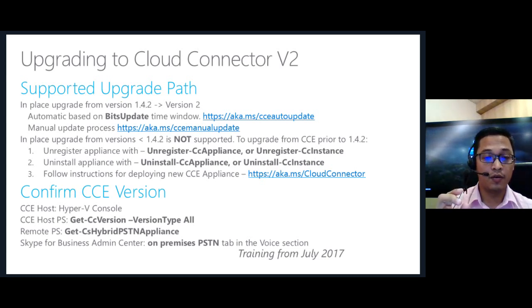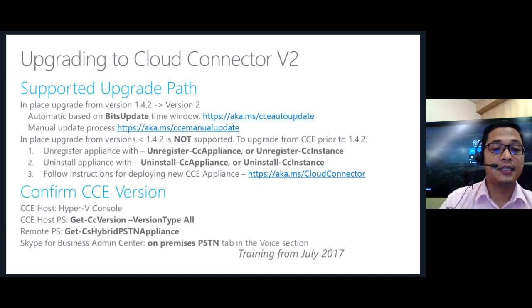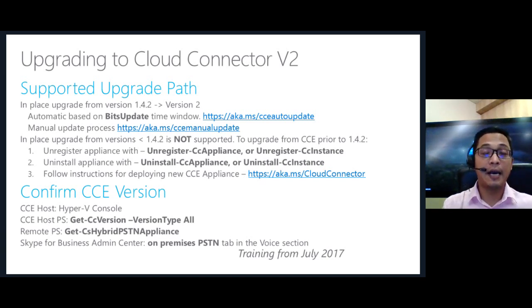If you log onto Skype for Business PowerShell Online and run the command, you will see that your Skype for Business appliance is in maintenance mode and the deployment status is upgrading. Also with the newer version, the date and time of the update started, the Cloud Connector bits are downloaded, then the CCE management service is stopped, and then the Skype for Business Online Cloud Connector Edition software is updated.